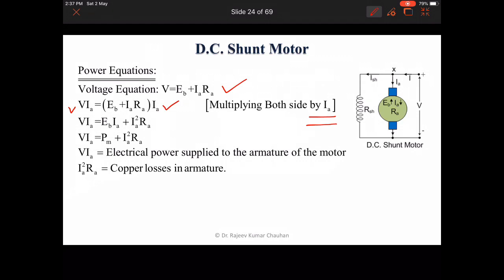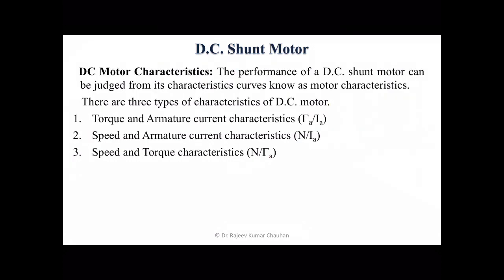If we open this bracket, we will get EB IA plus IA square RA, where EB IA is the mechanical power developed, that is represented by PM. Okay, where VIA is the electrical power supplied to the armature of the motor, and IA square RA is equal to the copper losses in the armature.